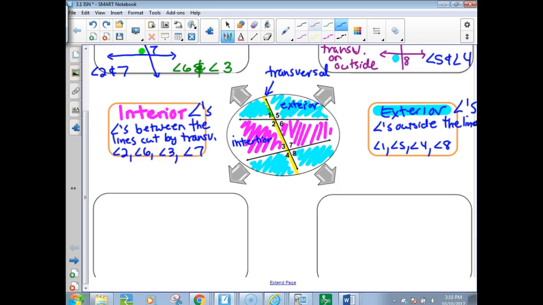Okay, 2 more kinds of angles. The next one we're going to talk about is corresponding angles. Corresponding angles are angles in the same position.